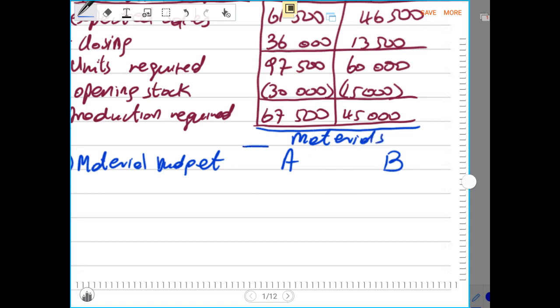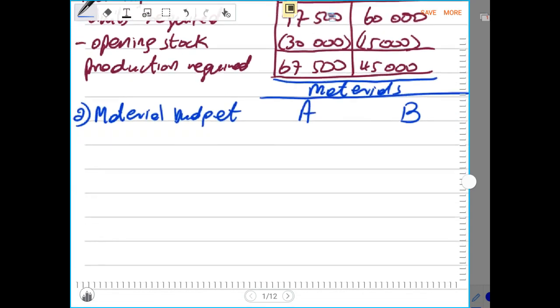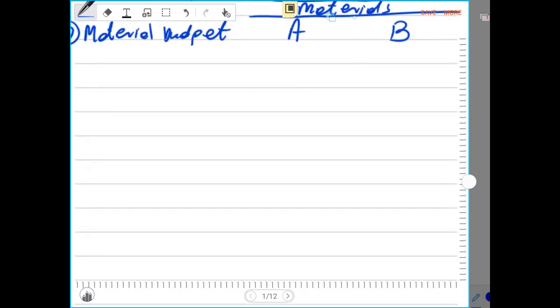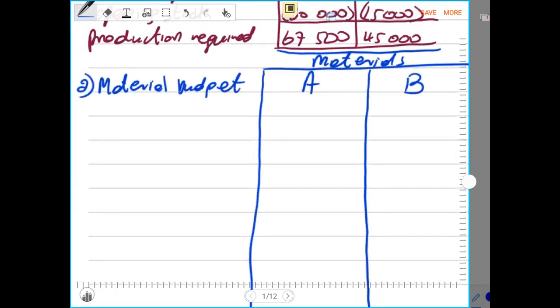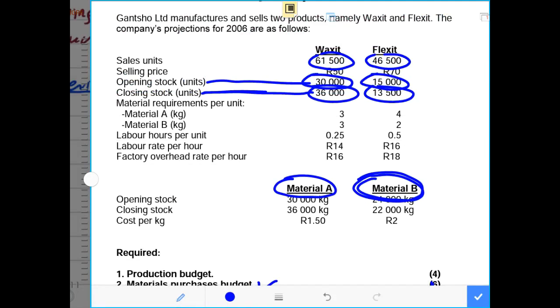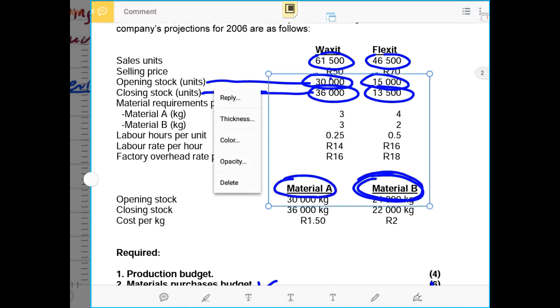These are the materials that are needed to produce both products that we have, product Waxit and product Flexit. Now let us draw the line. Remember, we are looking for the total kgs that are needed to manufacture the two products.